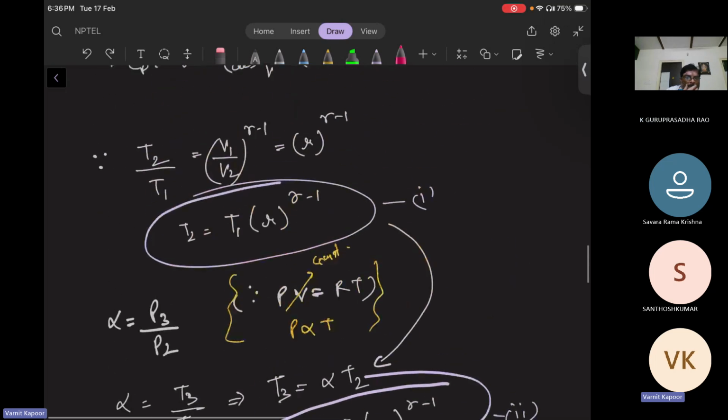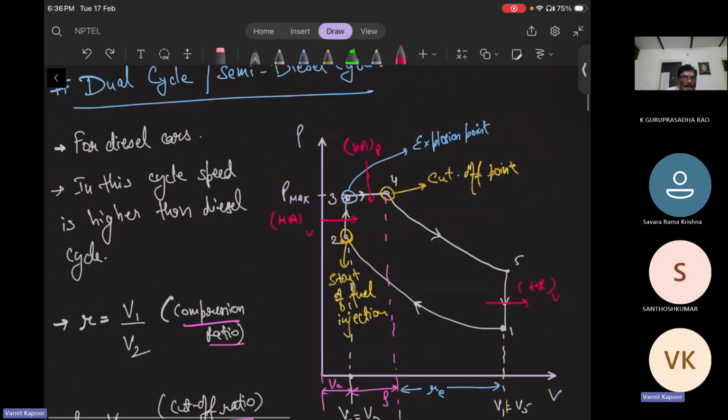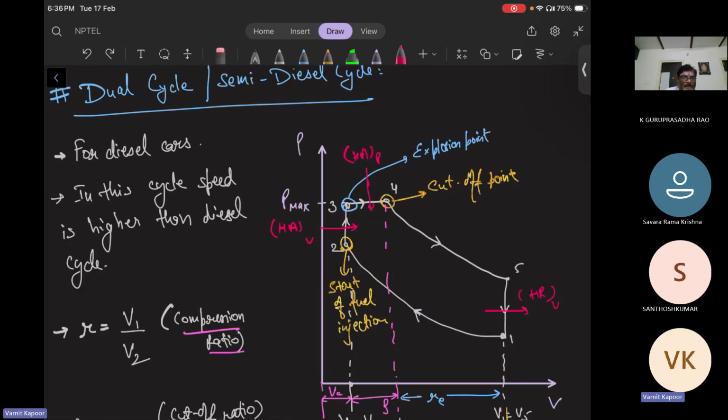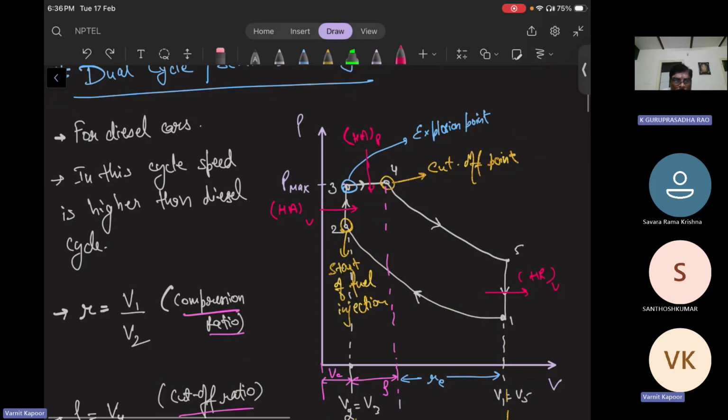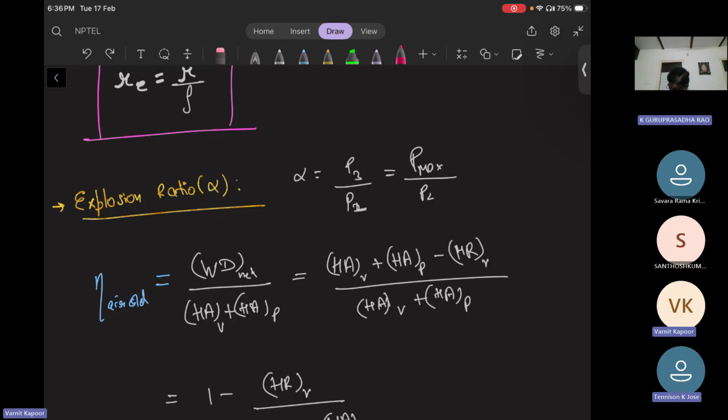Explosion is happening from P2 to P3, so alpha is the ratio of P3 by P2, because the pressure goes from P2 to P3. Yes, I have written it here, you can see. All right, clear?